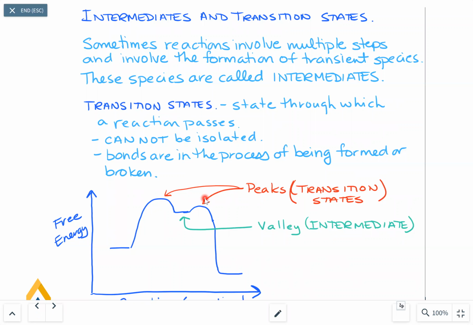So intermediates can sometimes be isolated. Sometimes they can't, depending upon how reactive they are. Transition states can never be isolated.